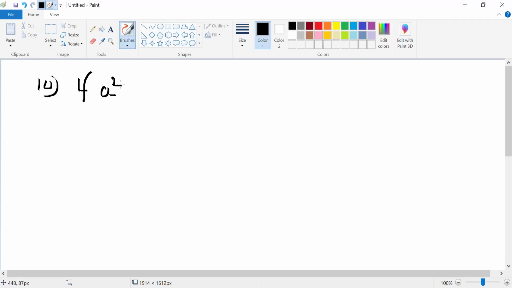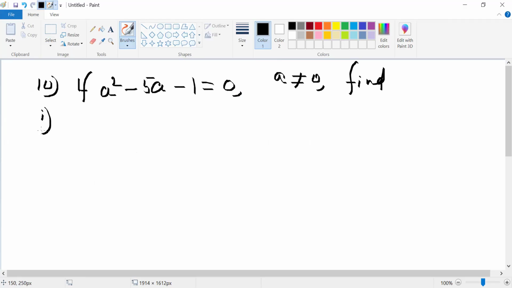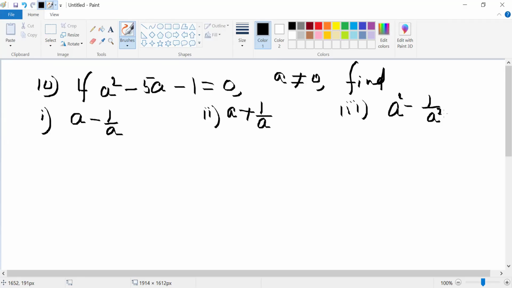If a square minus 5a minus 1 equal to 0, a not equal to 0, find. 3 questions are there. a minus 1 by a, second one, a plus 1 by a, and the third one, a square minus 1 by a square. So 3 parts are there.